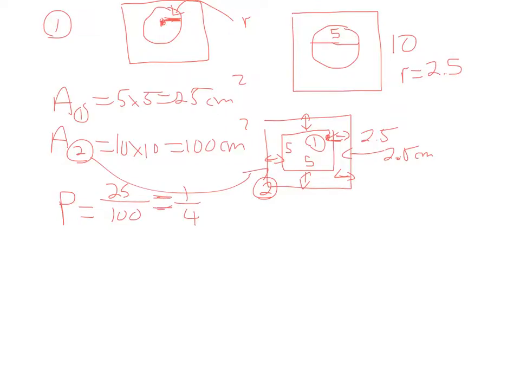Now, that in itself worries me a little bit, and that's why I don't have a final answer for you on this one, because if you allow that border to be exactly 2.5 centimeters, then I think you would actually be touching the outside edge of the bigger square.